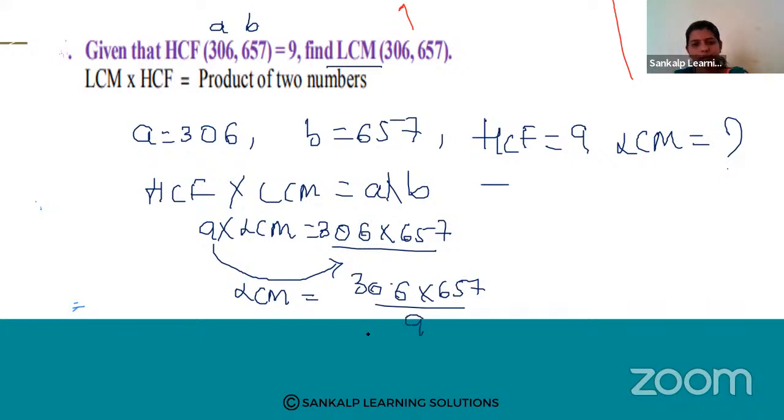If you cancel, what do you get? Try once and see what answer you get. Yes. Try once. What answer do you get? You get 22,338, right? So LCM is 22,338.